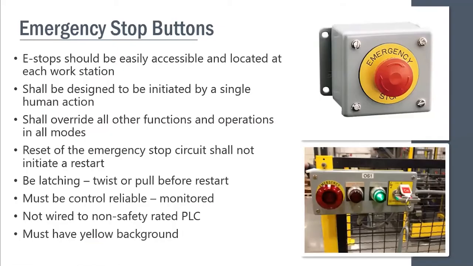So the final piece that we're going to consider here is more of an ancillary safety device, e-stops. E-stops are not considered machine guards, so it's an ancillary safety device incorporated in every machine. So I just want to go through the requirements for e-stops and some of the common things we see here.